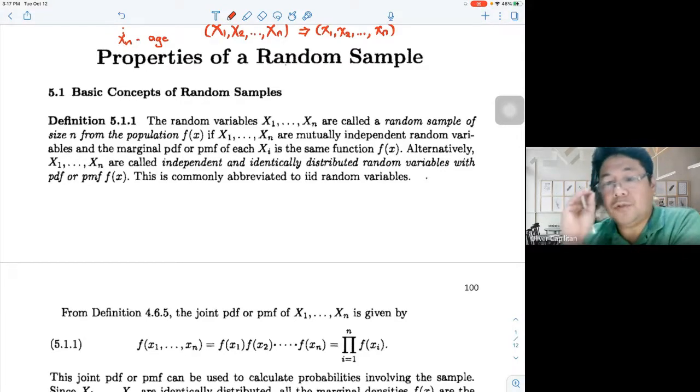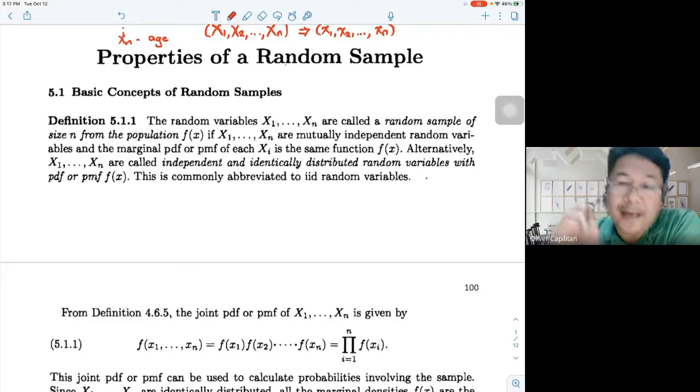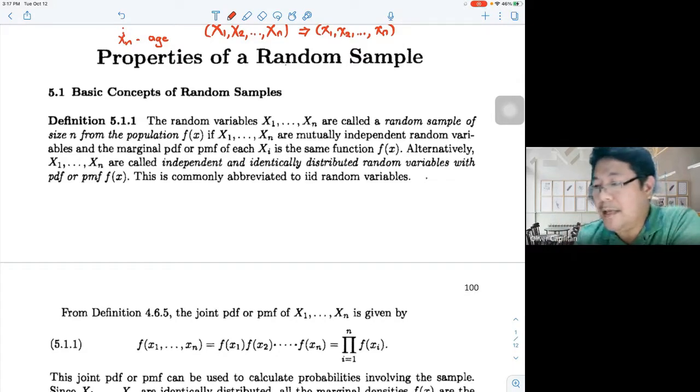But if we consider that our population is finite, the sampling that we apply here is sampling with replacement, because it would lead us to random variables that are independent using this sampling method.